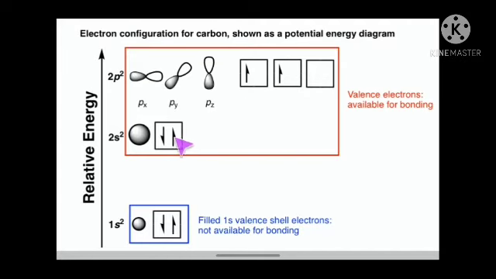But this orbital is completely filled, so it doesn't like to form a bond with another atom's orbital, because it's totally filled. So we can use only this p orbital for bonding purposes.